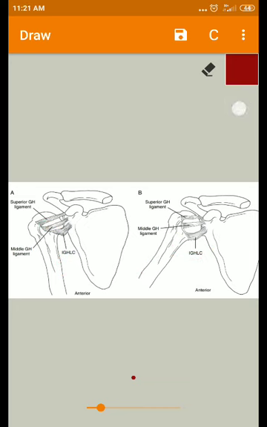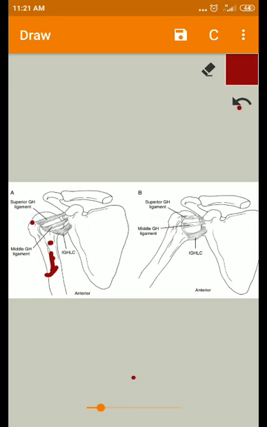The superior glenohumeral ligament is giving mainly support when the arm is at rest or by the side, by preventing the anterior and inferior translations, along with the structure called the rotator interval capsule.